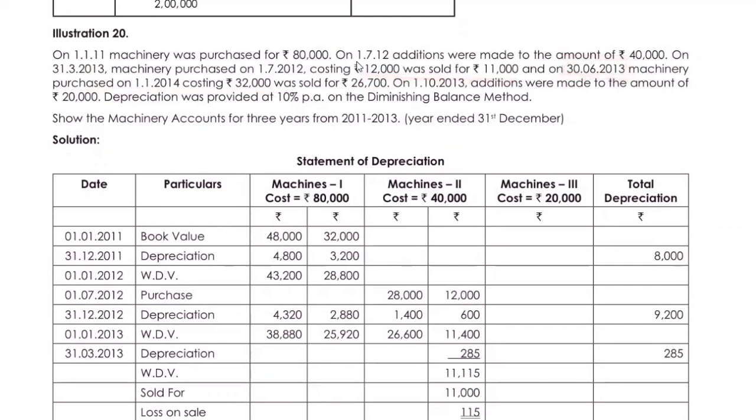Now again, a machinery on 1st of Jan 2014, costing 32,000, was sold for 26,700. Now on 1st of 10 2013, additions were made on the amount of 20,000. Depreciation is 10%, diminishing balance. Show machinery account 2011 to 2013. Year ended 31st December, means 1st Jan to 31st December. That actually has to be done.